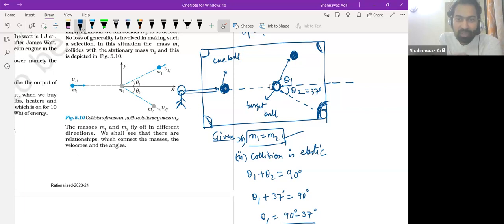Because randomly those are striking, and there are many balls. Let's say there are eight balls on the board, and you strike one with a certain velocity, with high momentum.